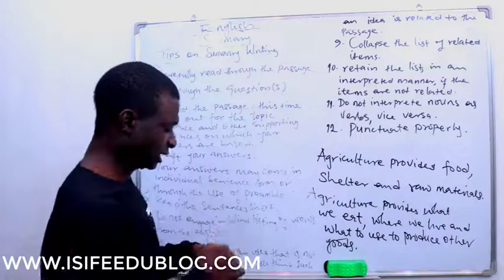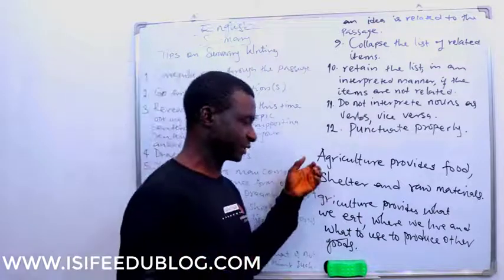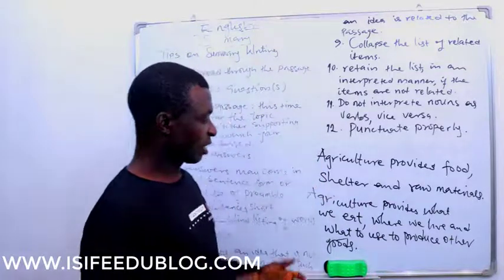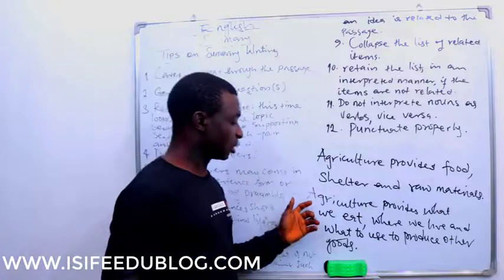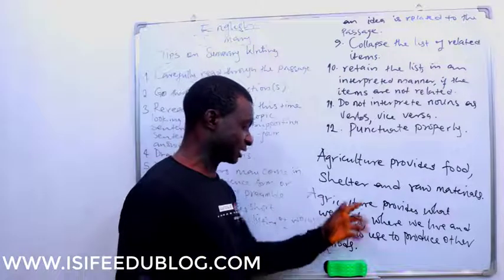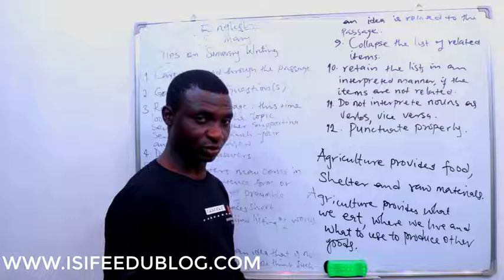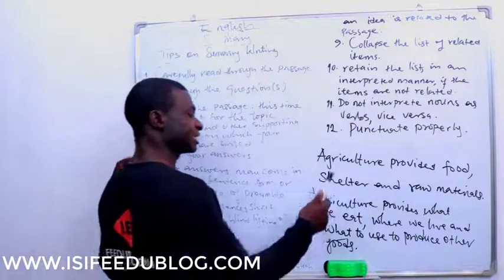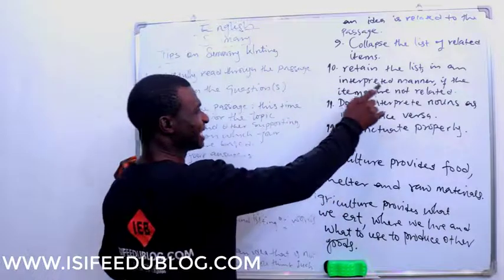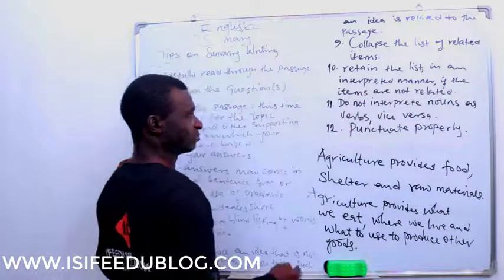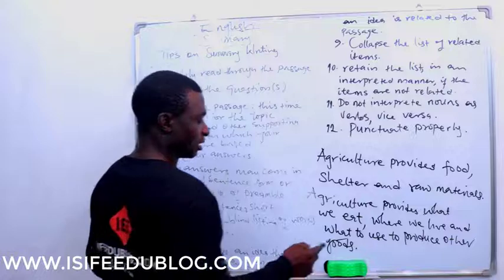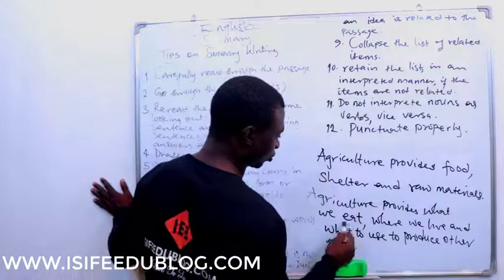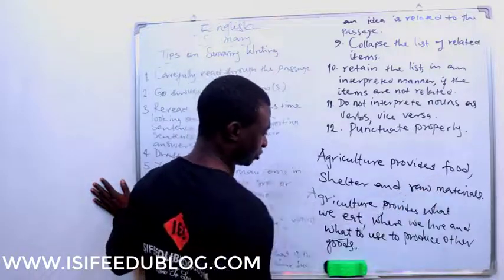Now, this is the amplified form of this. If a list of this nature is given to you, we said you answer it. You retain the list in an interpreted manner. Where or what we eat is food.